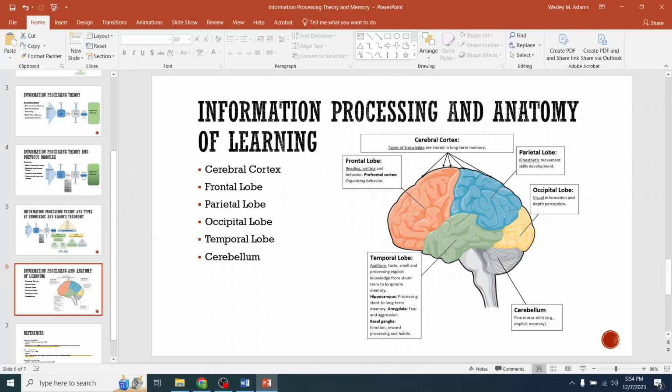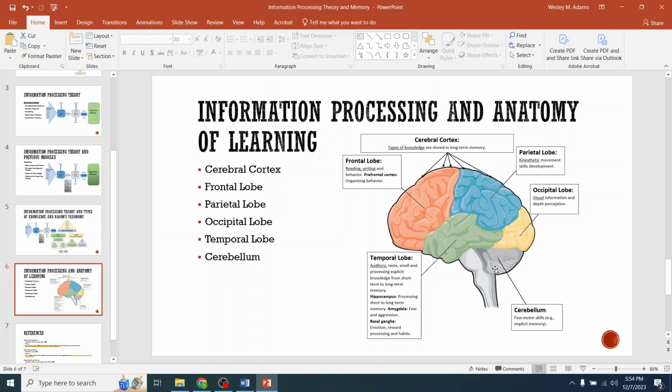So that's your anatomy of learning. All these theoretical concepts that we've talked about, especially learning style, that's where it's happening in the brain. Information processing, that big picture theory that's going to connect first half of the semester to the second half. We talked about where short-term memory was. We talked about where long-term memory was.